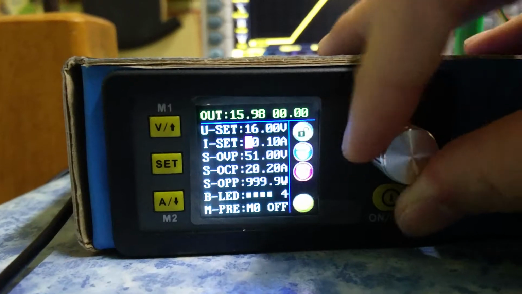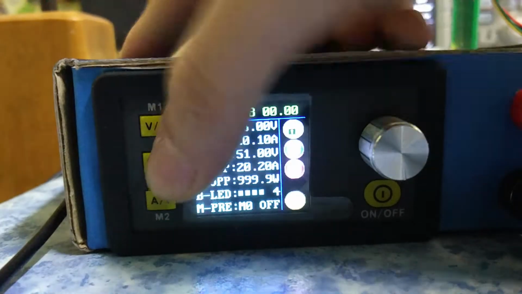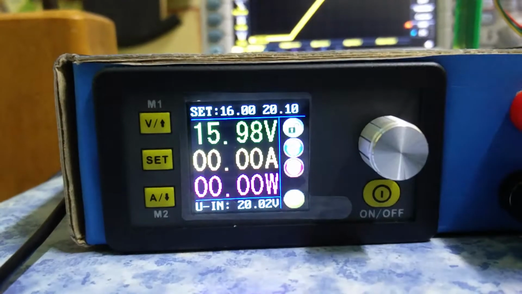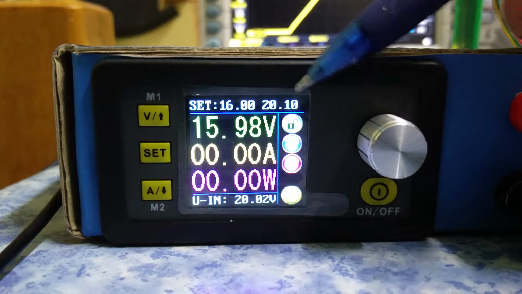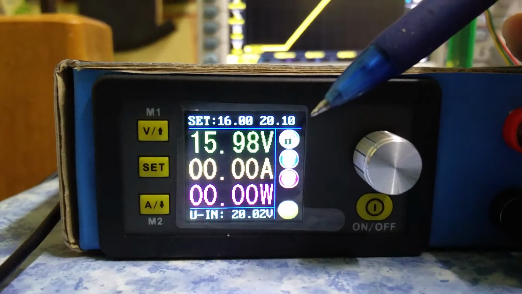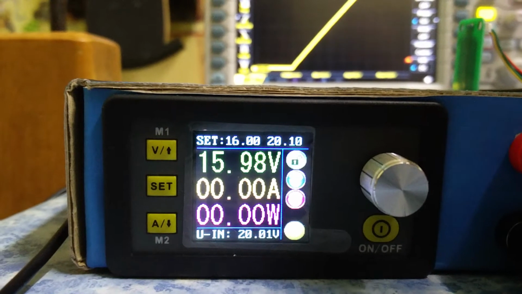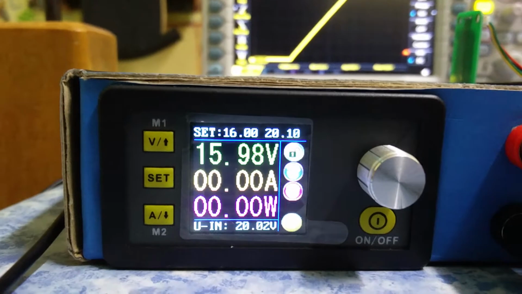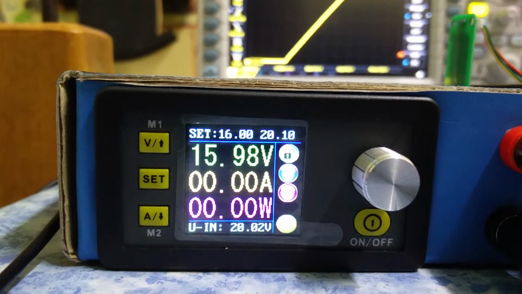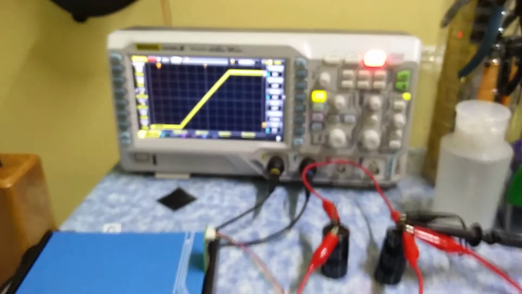I'm going to raise the limit to 20 amps. 20 amps is a very large amount of current, so it will effectively have a non-capped charge rate, as in it will allow as much current as it needs to charge the capacitors.